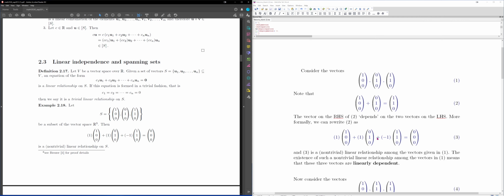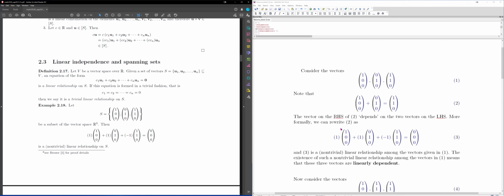Then when I add it to the negative of this vector, I'm going to get 0. And you can check. In the first component, you have a 1 here, a 0 here, and a minus 1 there. So 1 plus minus 1 gives you 0. Second component, you have a 0 here, a 1 here, and a minus 1 here. You get a 0. And in the third component, you just add zeros to get 0.